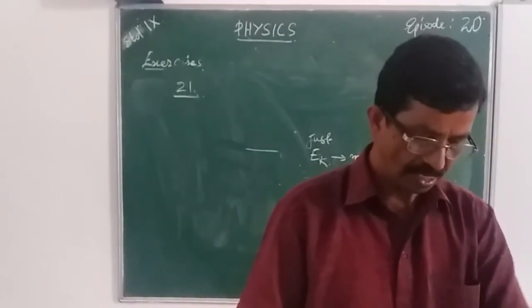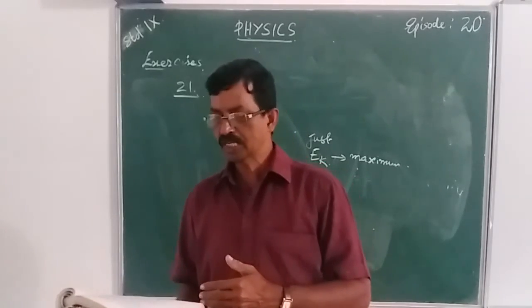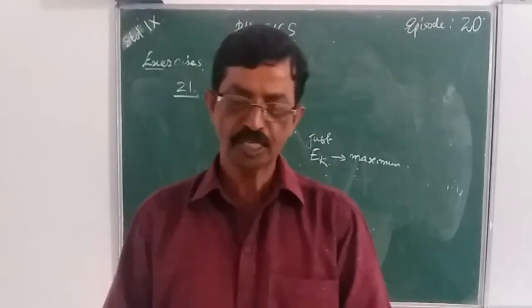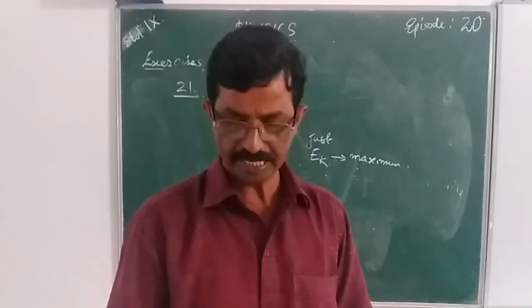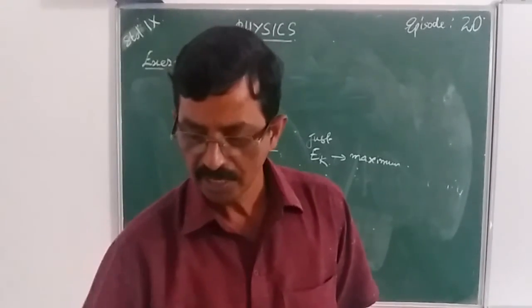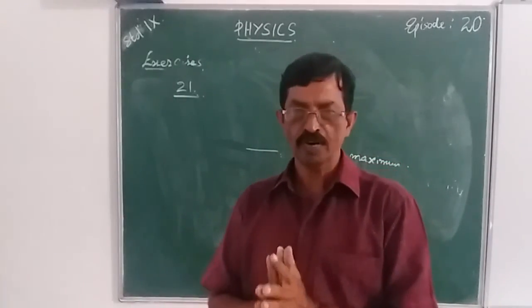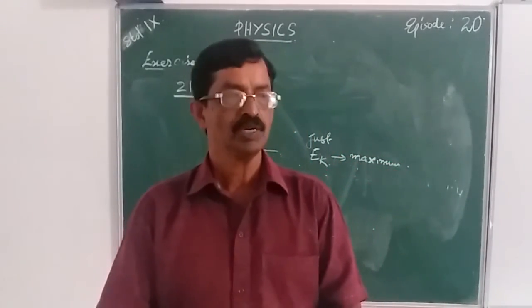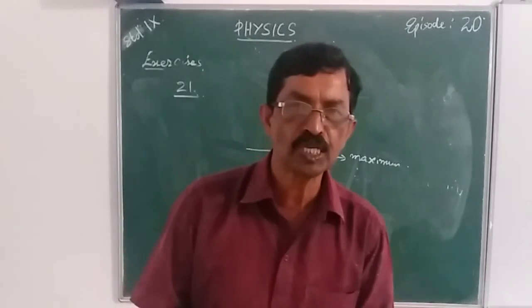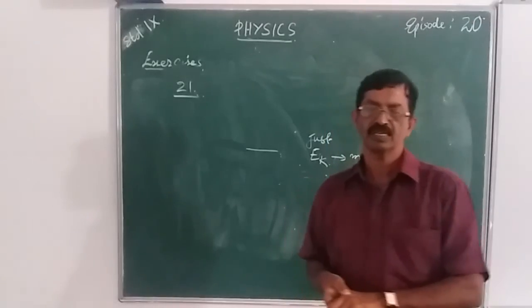Now with this, we have discussed all the questions given in our exercise. From this unit, we know what things actually work. Work depends on two factors called force and displacement.